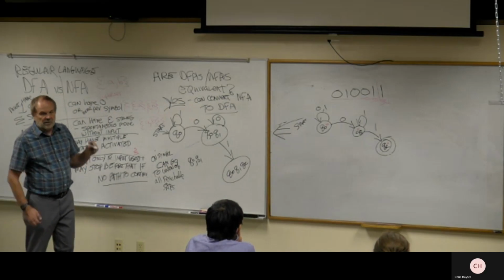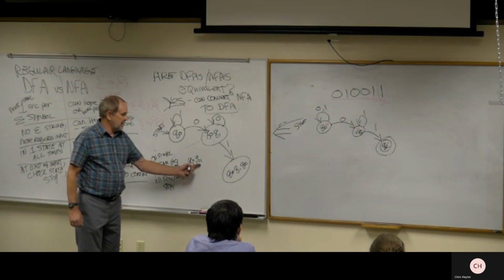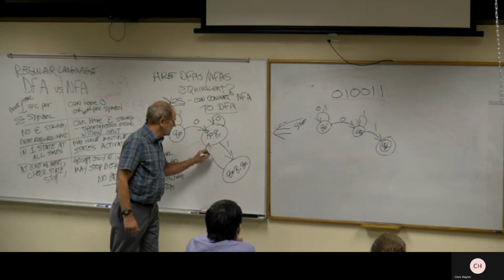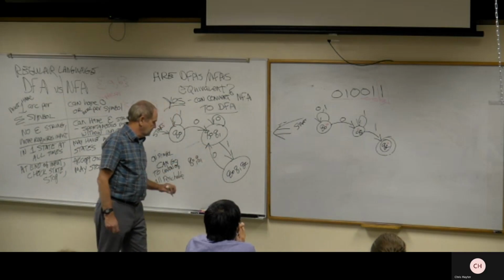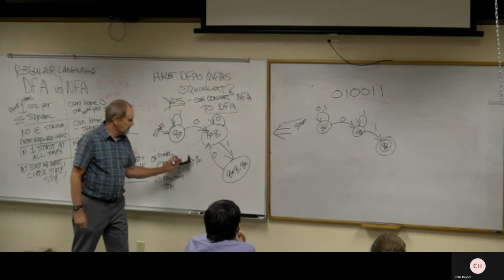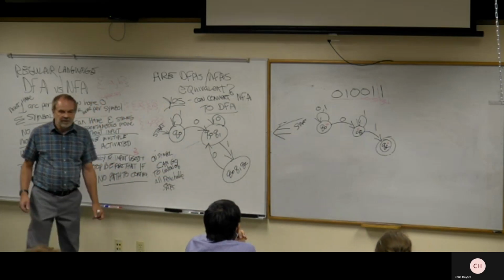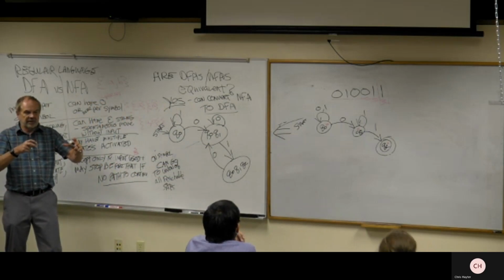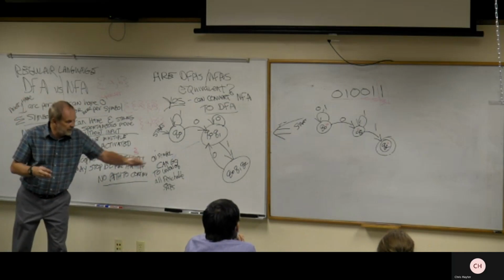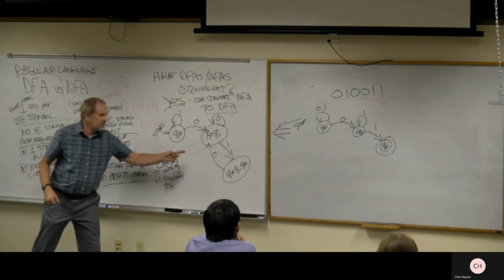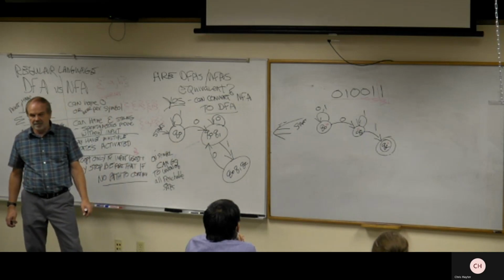We're just enumerating everywhere you can go with all three of these states activated. On a 0, I can go back to Q0 and Q1. Basically the Q2 path drops off. Now I need one more transition here, on a 1. Q0 on a 1, I know, takes me to just Q0.